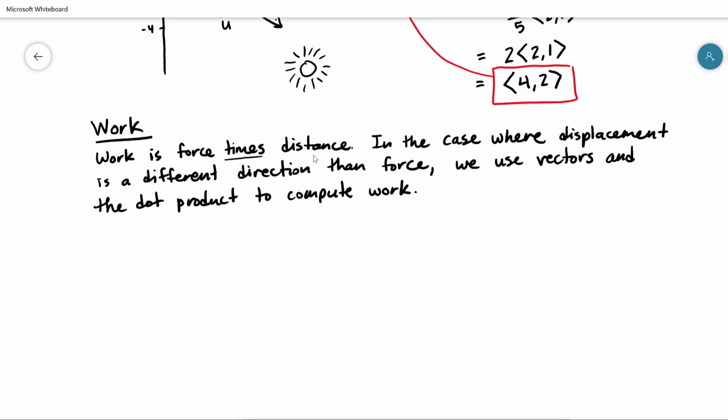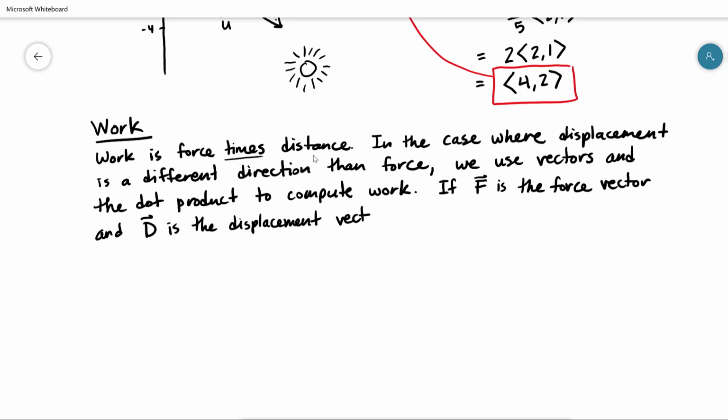So for us, if capital F vector is my force vector, and capital D is the displacement vector, so the vector showing basically from where the object started to where it wound up, if those are both true, then we have this definition.